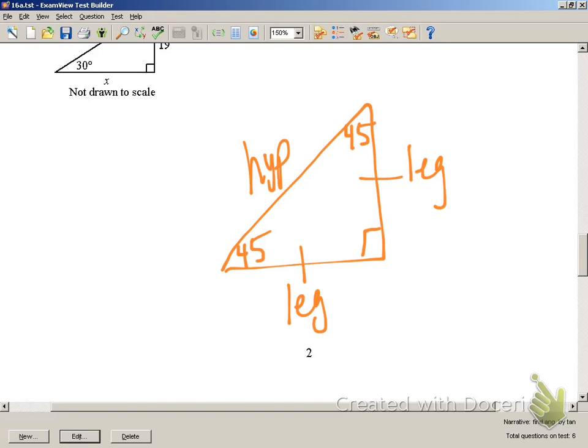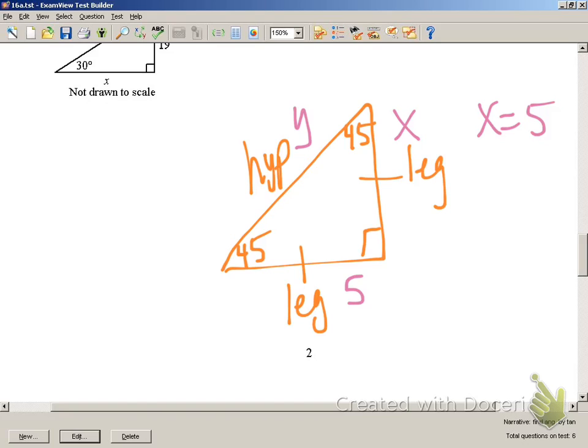If you are given the leg, we'll say that the leg is equal to 5 units here. If you're only given one leg, and this is x right here, and this is y, well, I know without a doubt that x equals 5, because it is isosceles.